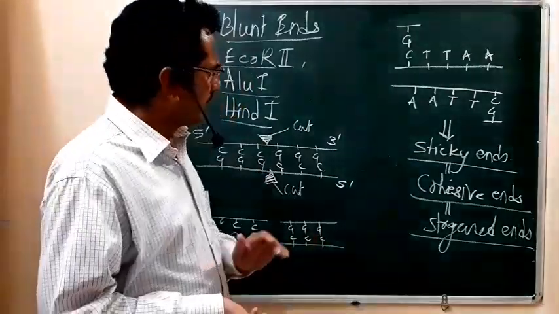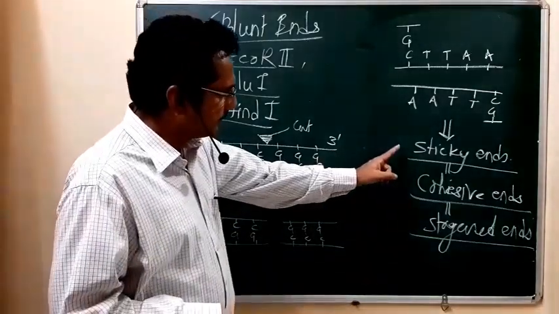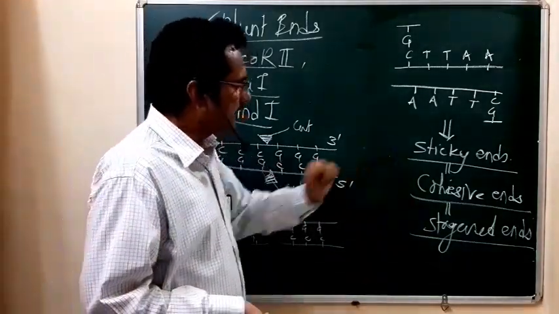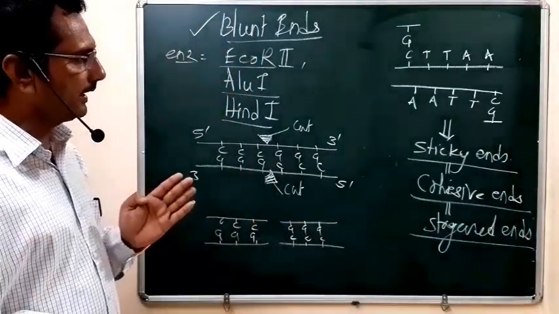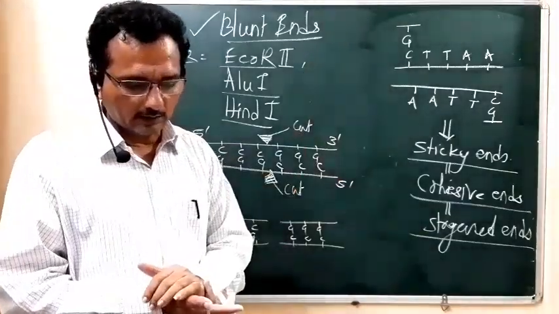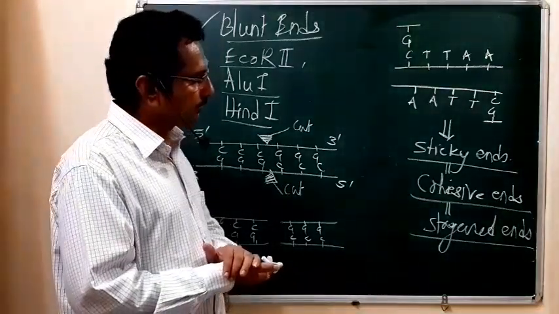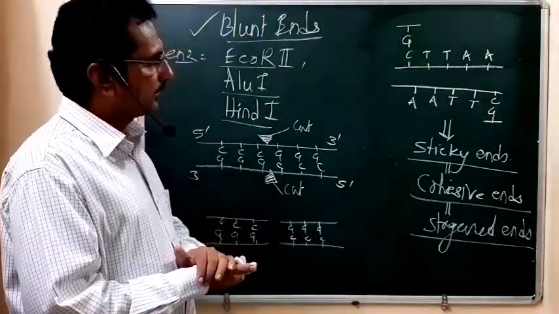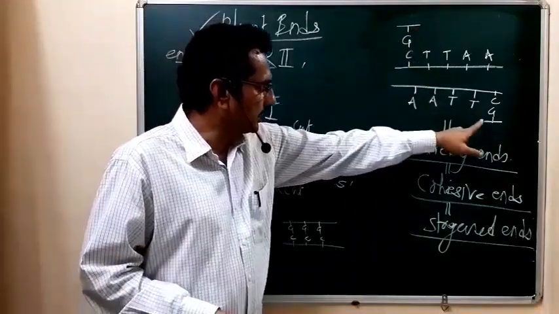So students, always remember that during sticky end formation, the restriction endonuclease cuts two things. The first is the phosphodiester linkage.